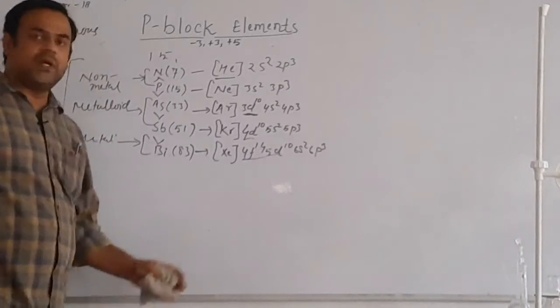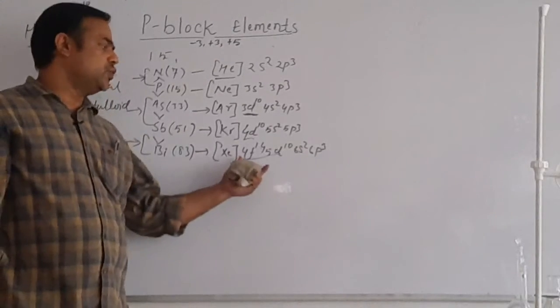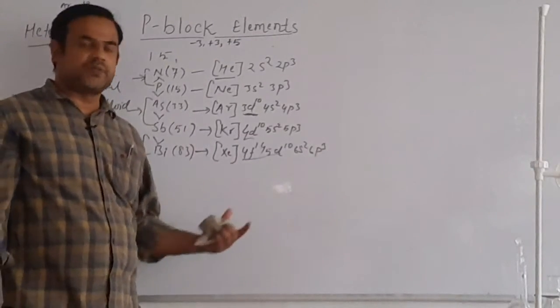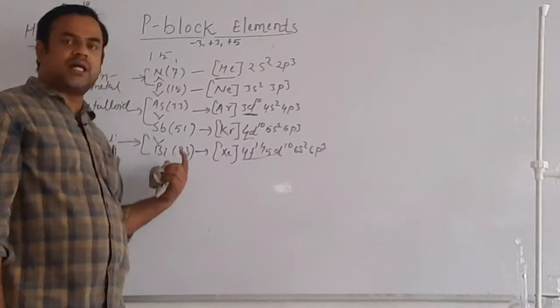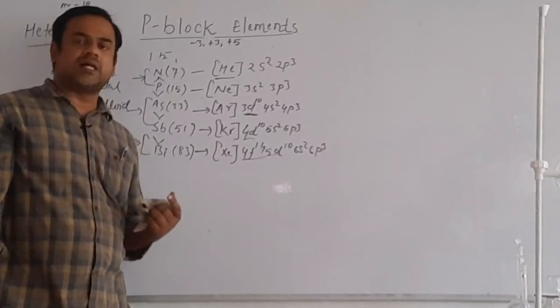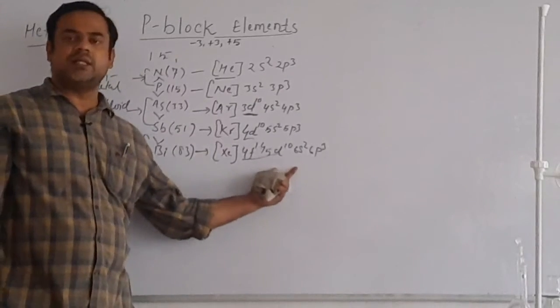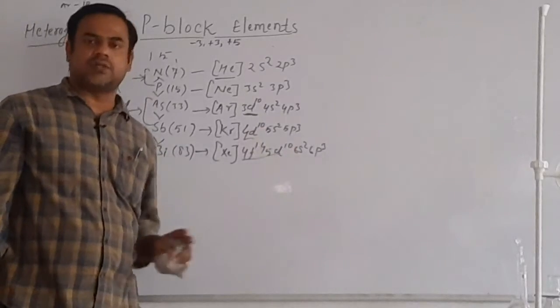When electrons enter d and f subshells, due to their diffused nature, the effective nuclear charge on the s electron increases, which results in an increase in the ionization energy of the s electron.